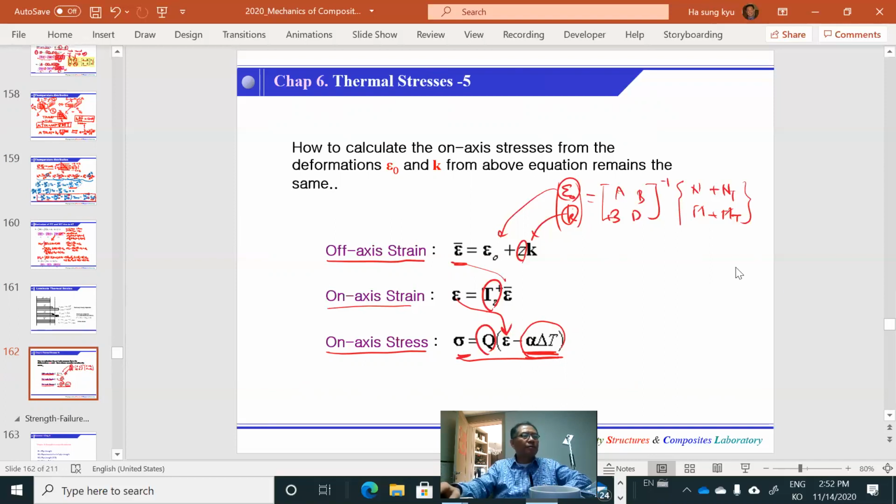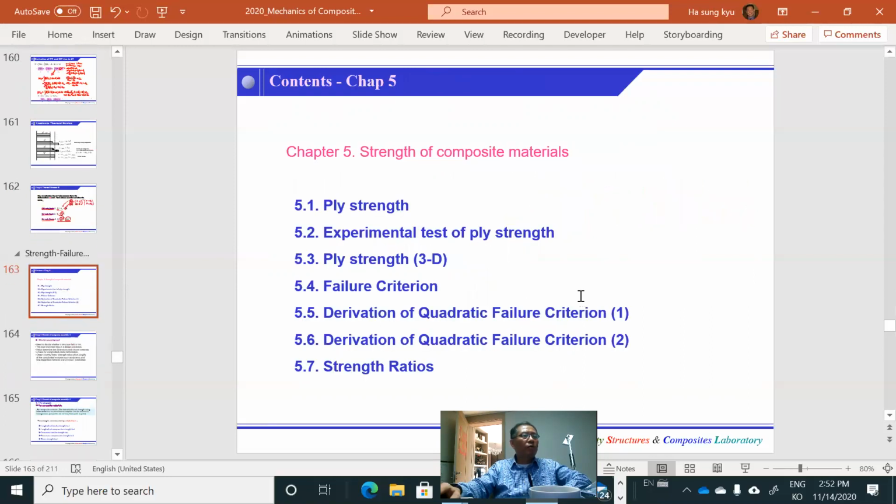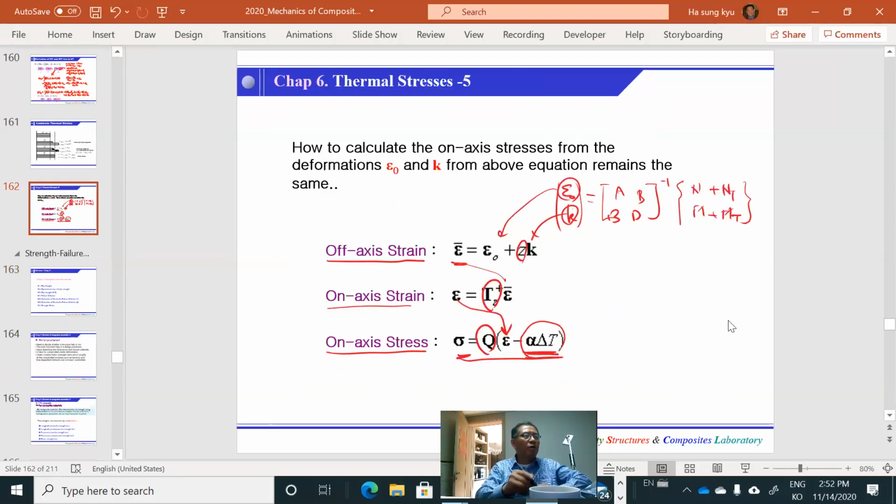So this is the whole procedure. We will have the on-axis strain and all the on-axis stresses as output for the given delta T. Very important.